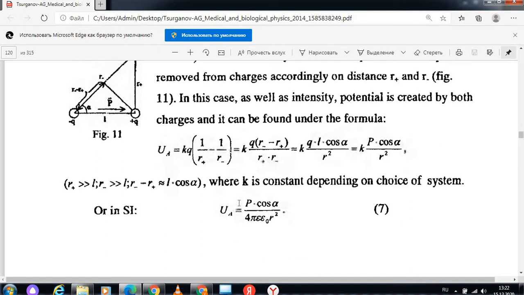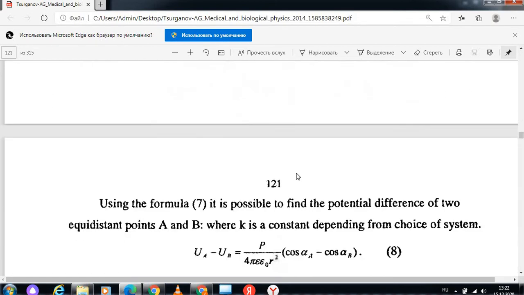So in the SI international system, the potential created by both charges can be found under the formula U_A equals p, the dipole moment, multiplying by cosine alpha, divided by 4π ε0 r squared. Don't forget that r squared is in the denominator.